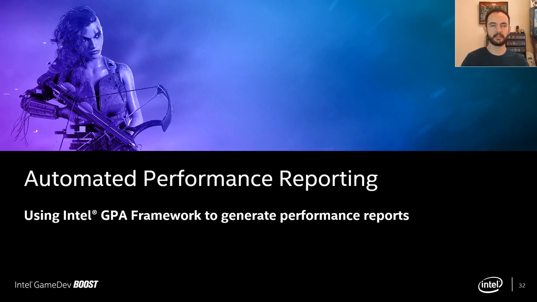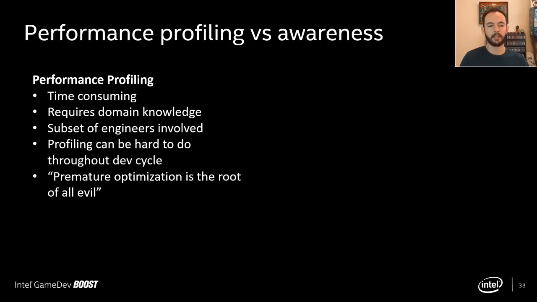But also, I think this helps us address some of the problems that are inherently hard when we want to incorporate more performance profiling earlier in the development cycle. That can be very prohibitive, because it's very time consuming and also requires quite a bit of domain knowledge, which means that perhaps just a few people in our team will be able to do this performance analysis.